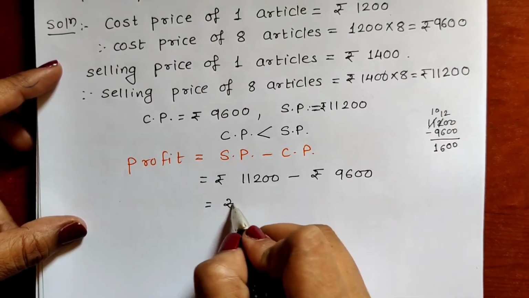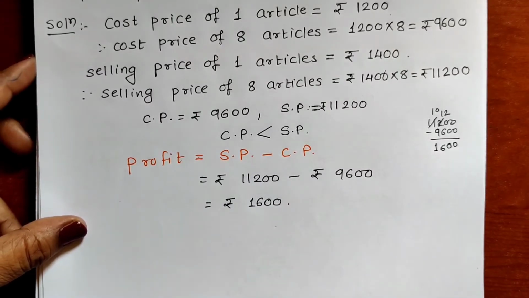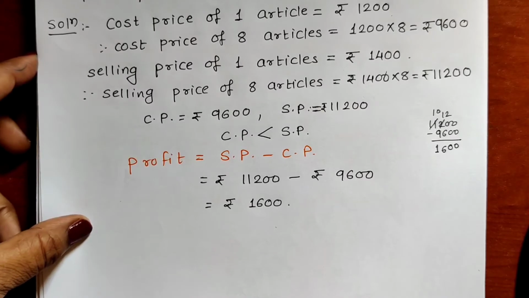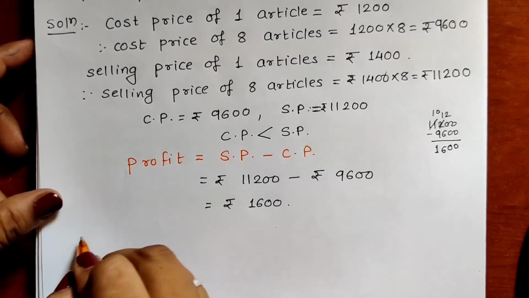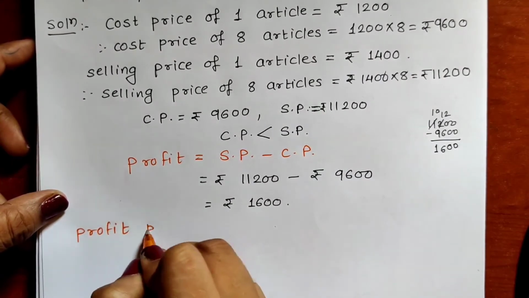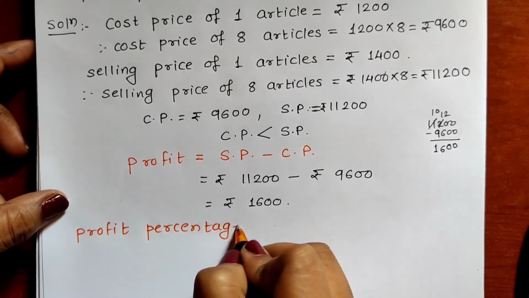So it becomes rupees 1,600. 1,600 is the profit made by Shubhada. Now what we have to find out next? Next we will have to find the profit percent. So let us write the formula for profit percentage. What formula did I show you?